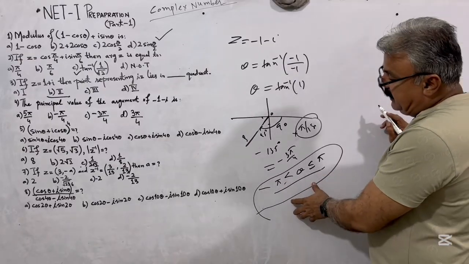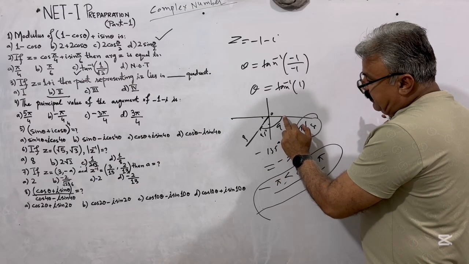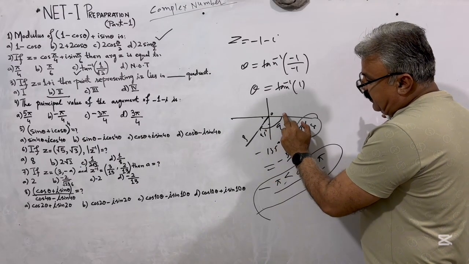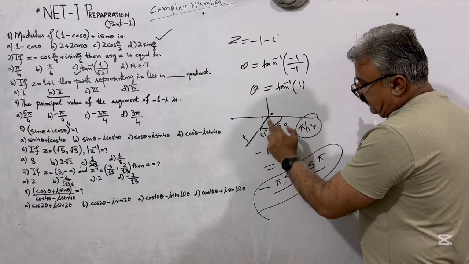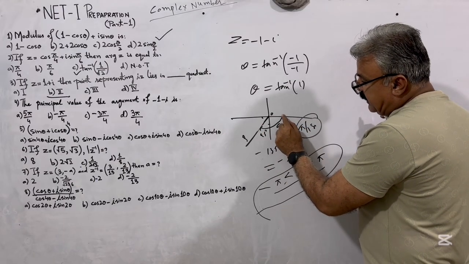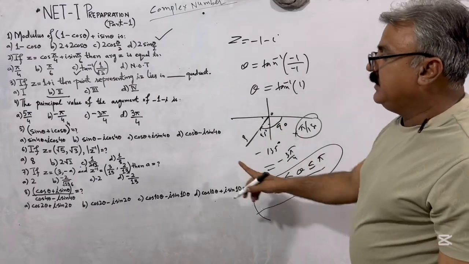Keeping this fact in mind, we are measuring the nearest angle according to polar coordinates from this to our required OP in the clockwise direction. That's why it's negative, minus 135. There is no such option.